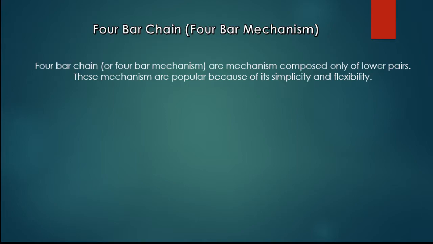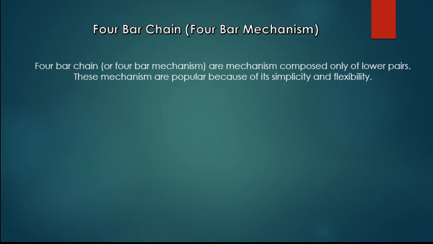A 4 bar linkage, also called a 4 bar mechanism, is the simplest movable closed chain. It consists of 4 bodies called bars or links connected in a loop by 4 joints. Generally, the joints are configured so the links move in parallel planes.